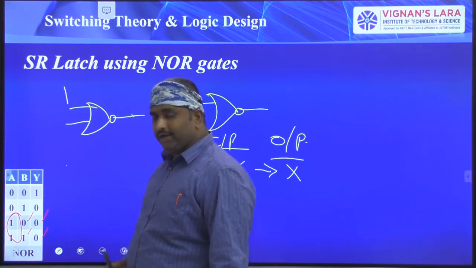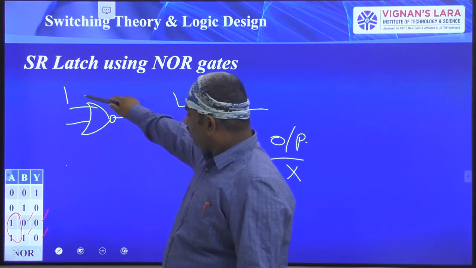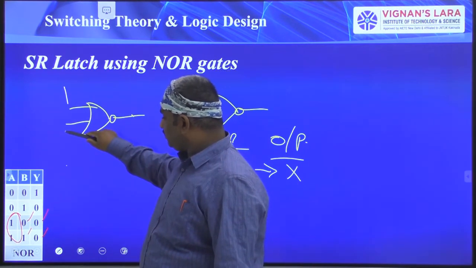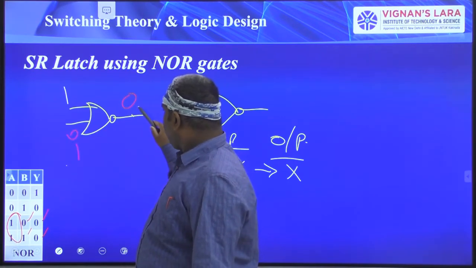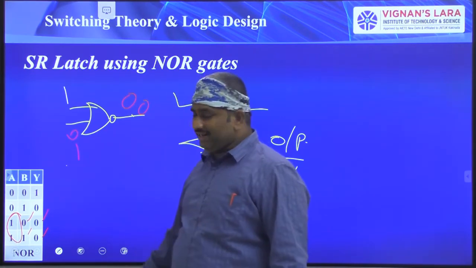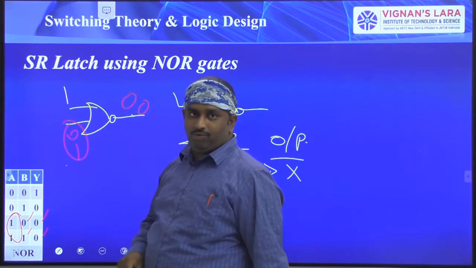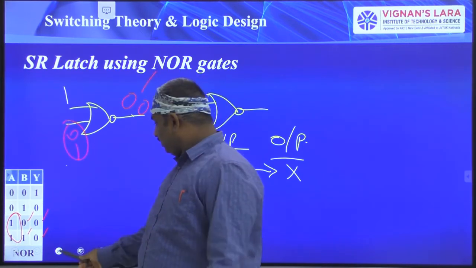It is a very important operation. Whatever the second input is, the output is 0. It is very simple.